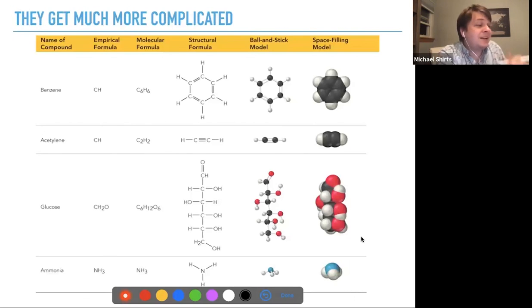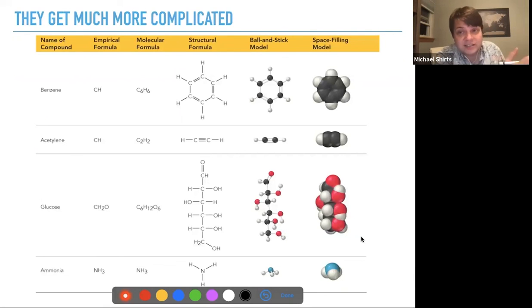They can get much more complicated, and we'll get into that a lot more. Here we've got names of compounds. That is one way to represent a compound. If you give the name, and the person knows what the name means, that's enough to tell you what the molecular formula is. The empirical formula, we'll get into that a little bit more later today. Then the molecular formula, as we said, and the structural formula.